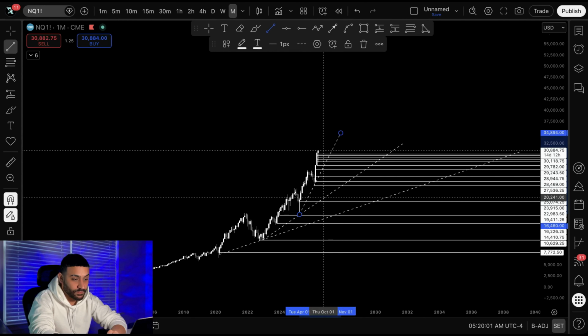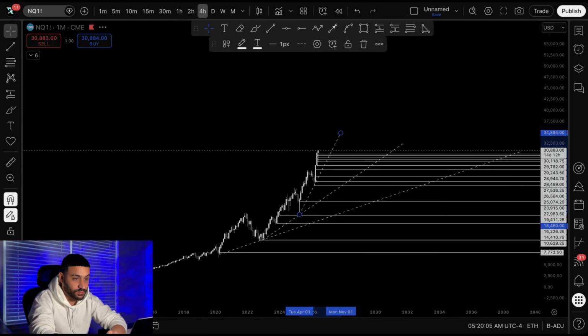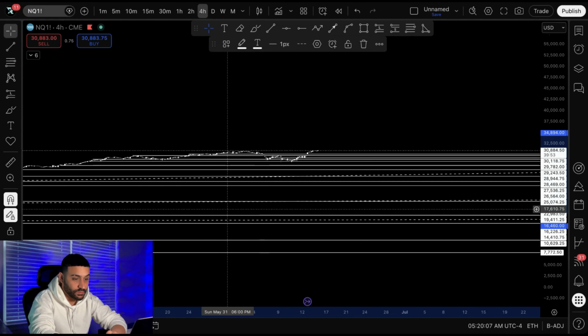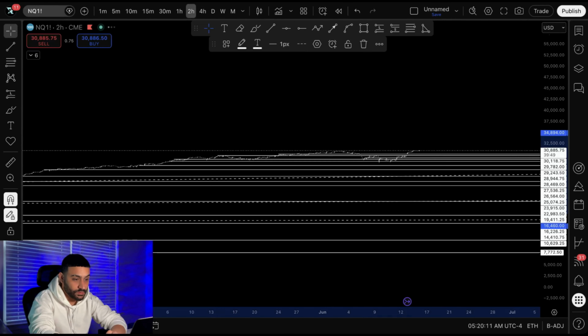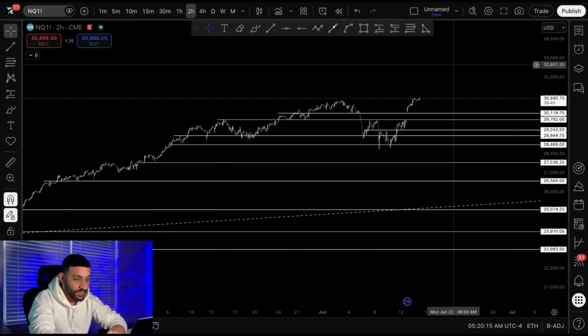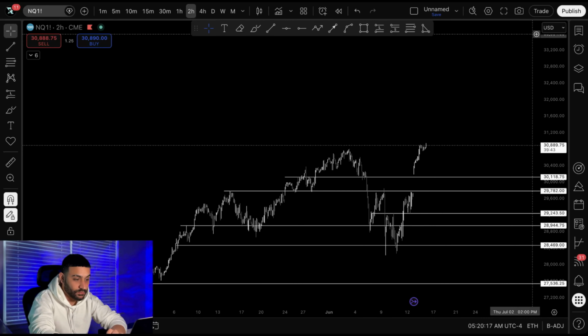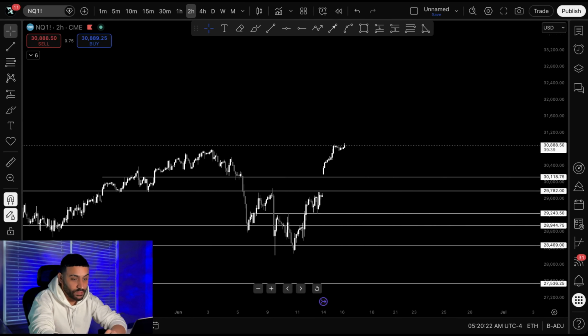Let's say right there. So we know that those are the bullish sentiments. If we go down to lower time frames, there's not really a bearish sentiment at the moment. So in this case, I'd only be looking for longs. I wouldn't be looking for any shorts.